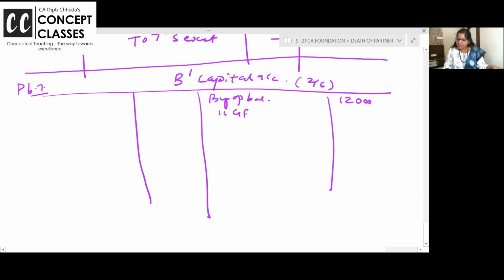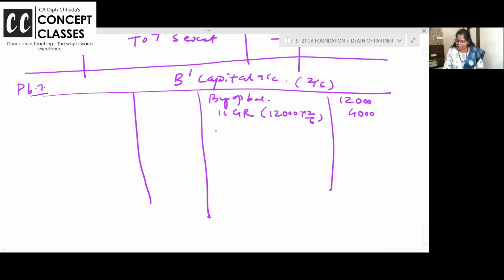Give general reserve, 12,000 into 2/6. General reserve is 12,000 into 2/6, give that.